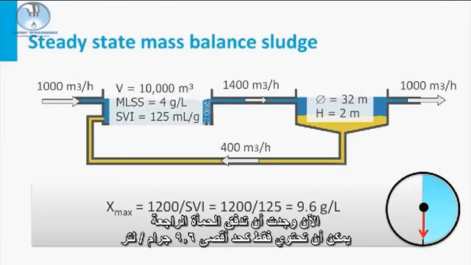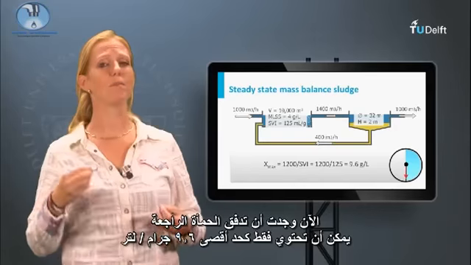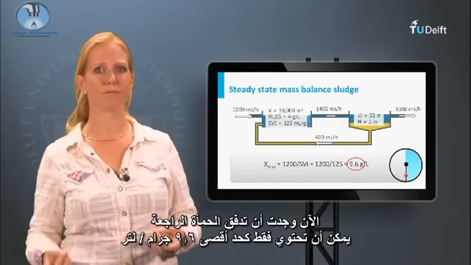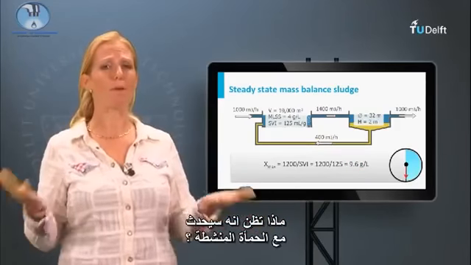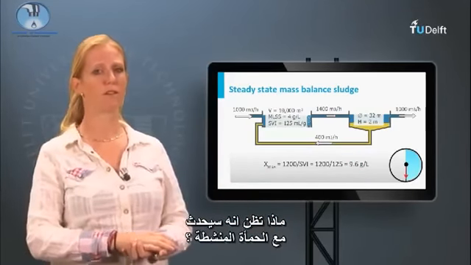So now you found that the recycle flow can only contain a maximum of 9.6 grams per liter. What do you think will happen with the activated sludge?